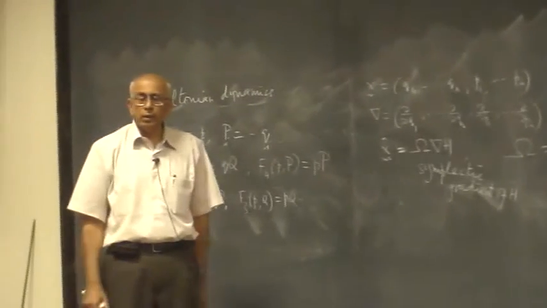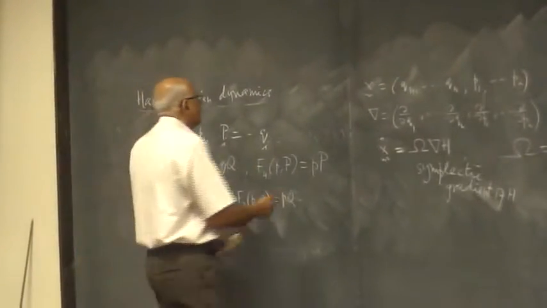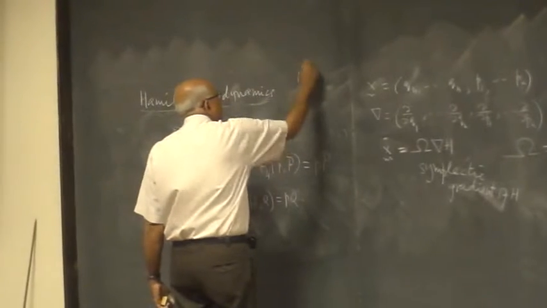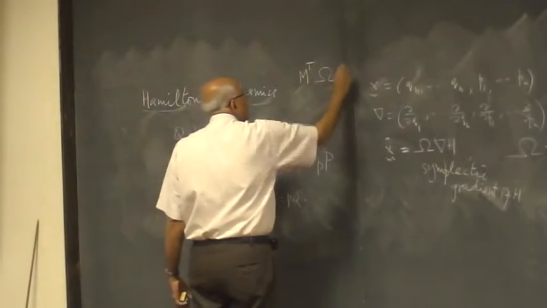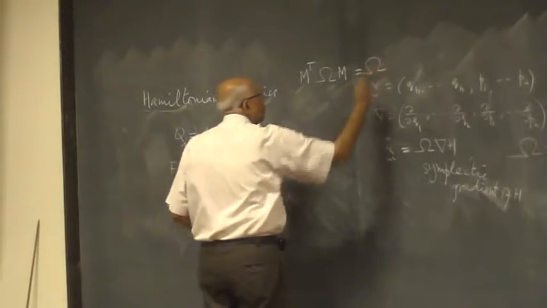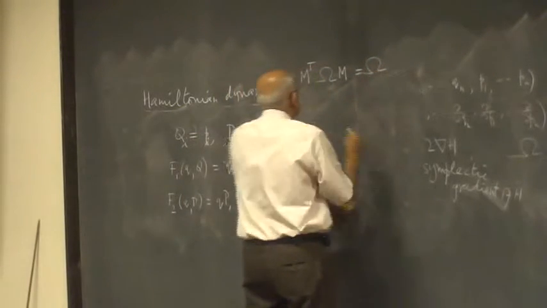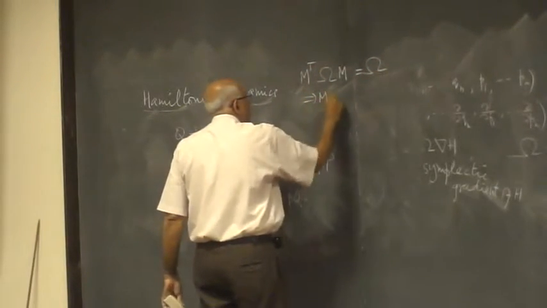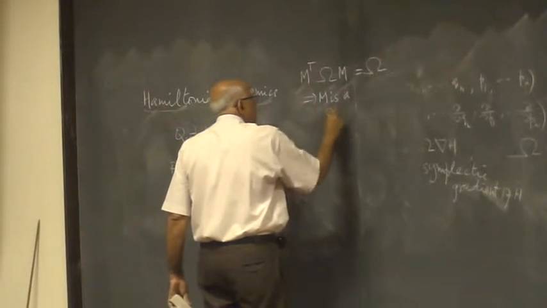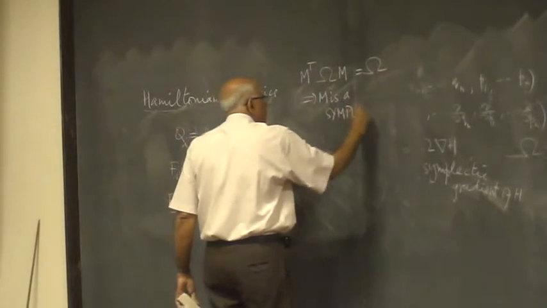Now, of course, these are 2n dimensional matrices, 2n by 2n matrices. Any 2n by 2n matrix which satisfies M transpose omega M equal to omega implies M is a symplectic matrix. It's called that.